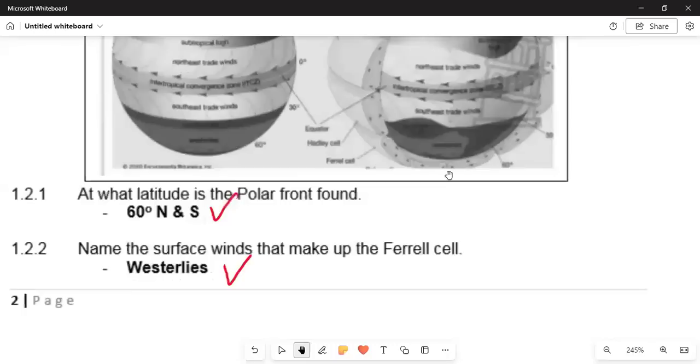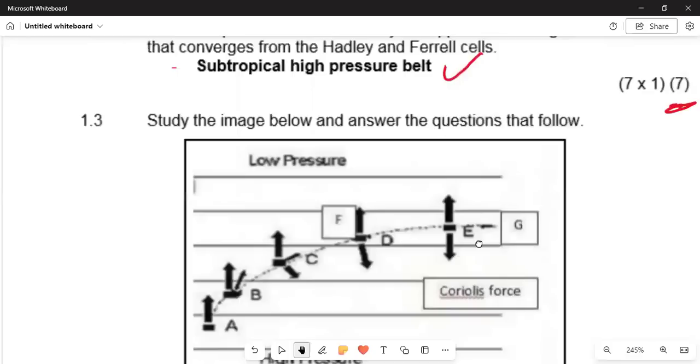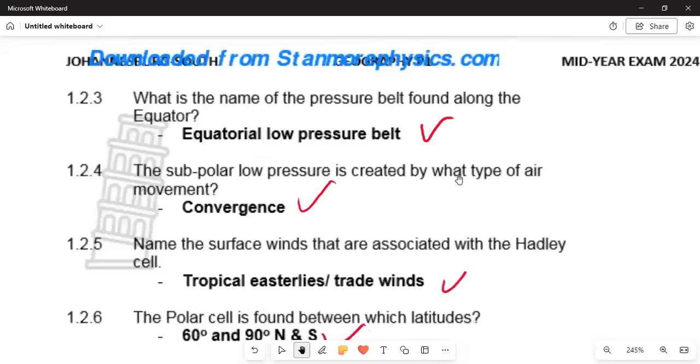Moving on to the other questions, we go to 1.2.3. What is the name of the pressure belt found along the equator? Because it is found at the equator, it is called the equatorial low pressure belt.